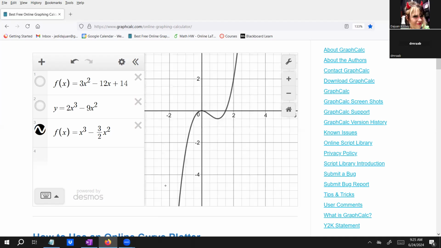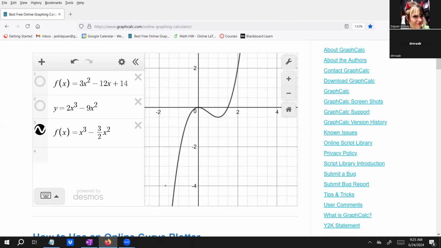All right, so just a quick eyeball analysis. Looks like we're going to have a relative max at 0, a relative min at x equals 1, and then an inflection point at half, I think. Seems reasonable.